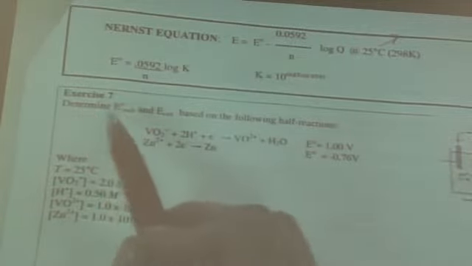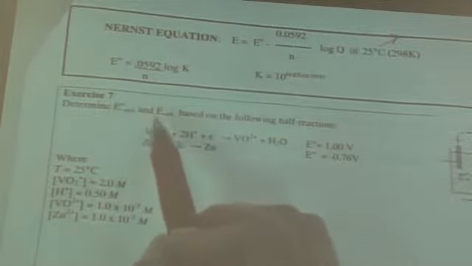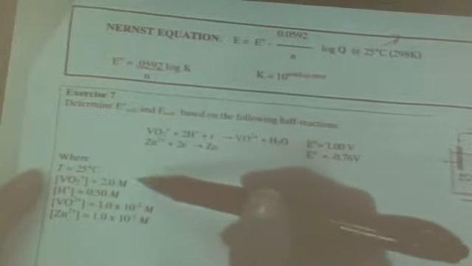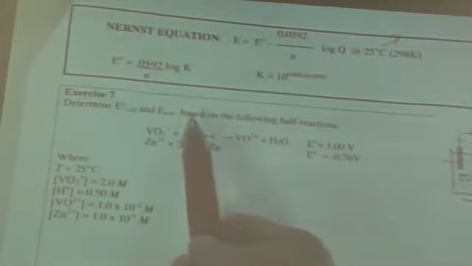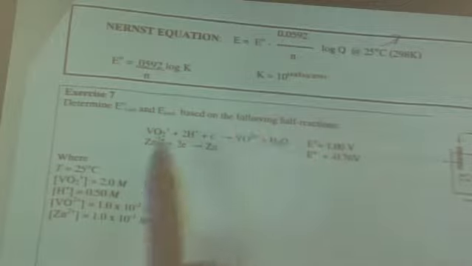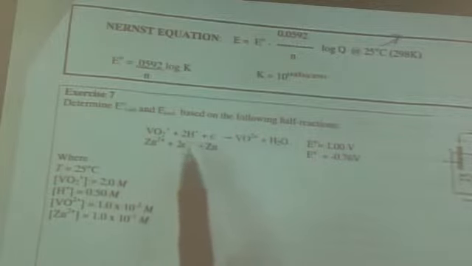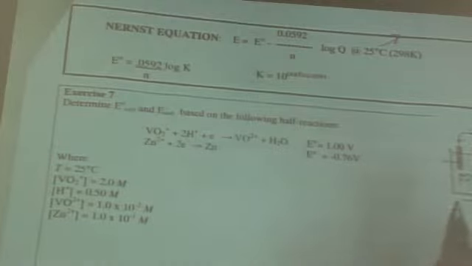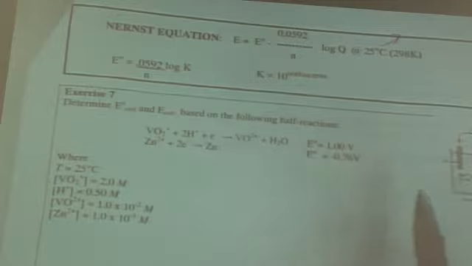So here is a sample problem. Determine the standard cell potential and the cell potential based on these concentrations when you're given the following half reactions. These are both reduction reactions. This is a galvanic cell, so we know that, first of all, one of these has to be oxidation, and we know that the total sum of the cell potentials has to be positive.